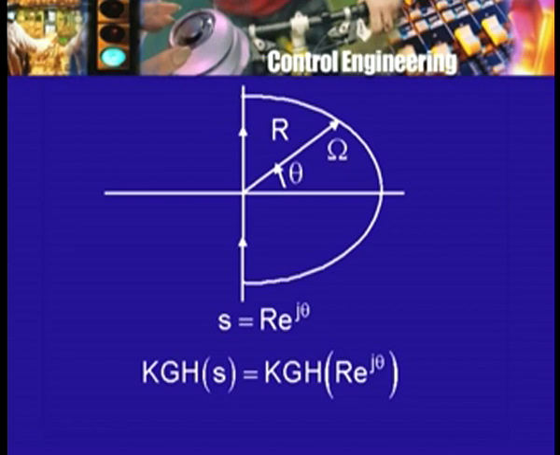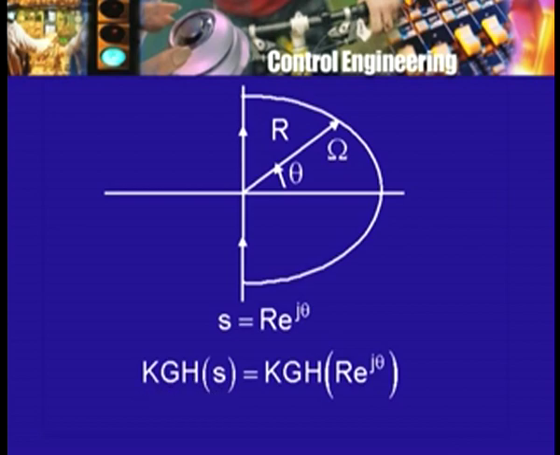Here is r. Of course, I had called this omega. So, instead of r you can think of omega. So, the complex number s along this semicircle is simply omega e raised to j theta. And now, what am I doing? I am just evaluating GH at s, or K times GH at s, for any complex number s on the contour.